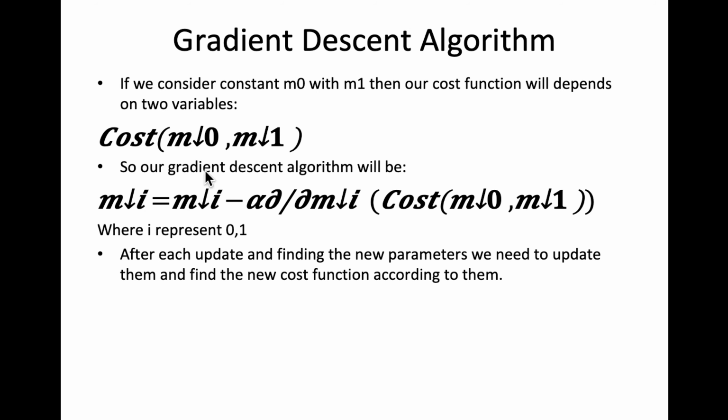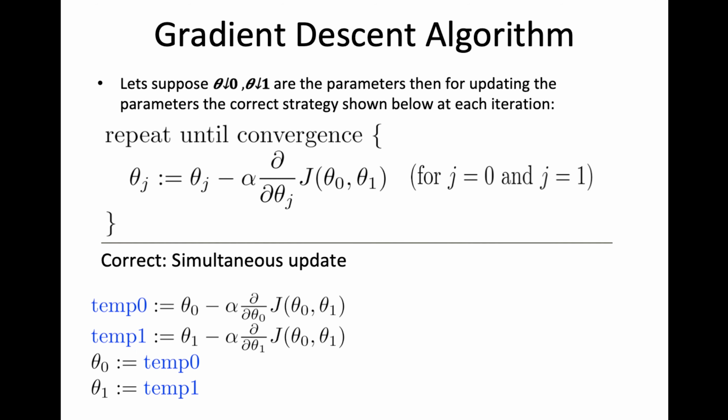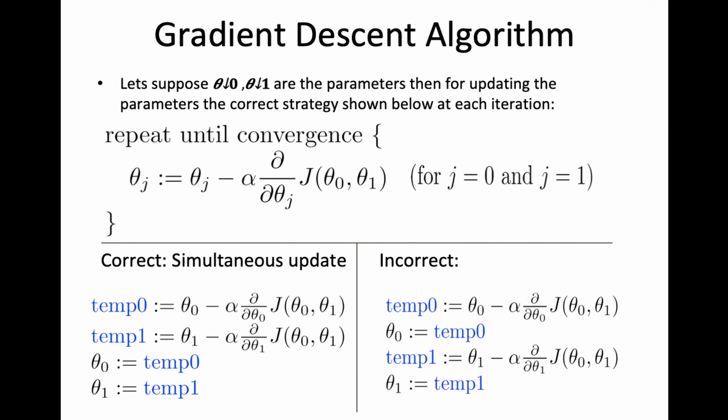Again, we are trying to minimize this. So this is our gradient descent algorithm with partial derivatives. After each update, finding the new parameters, we update them, find a new cost function, and just continue according to our learning rate. And this is the gradient descent algorithm.